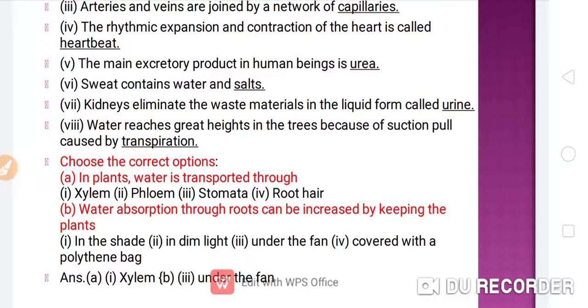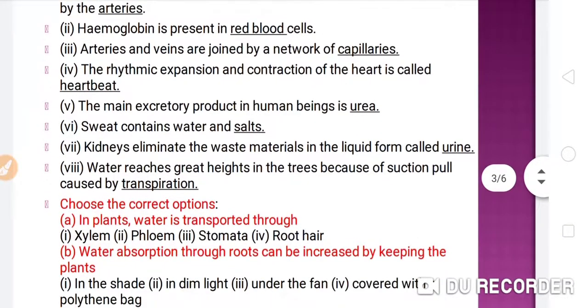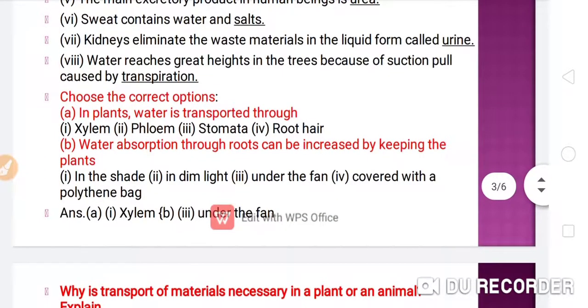Next, water reaches great heights in the trees because of the suction pull caused by transpiration. So here these are all the fill in the blanks questions. Now next, choose the correct options. In plants, water is transported through xylem, phloem, stomata, or root hair.